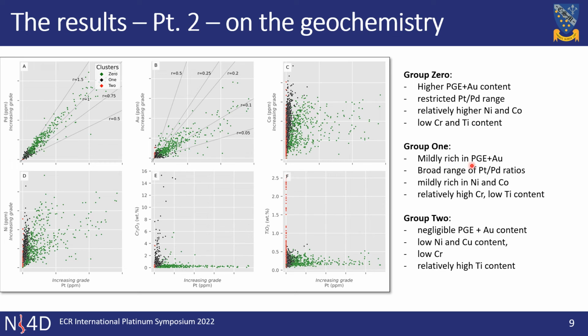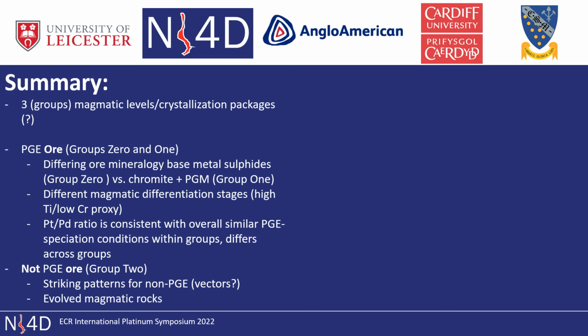Group 1 is mildly rich in PGE plus gold, has a broad range of platinum over palladium ratios, and Group 2 has very negligible PGE plus gold content, okay? So as you can see, they have remarkable differences. And what do we interpret from that?